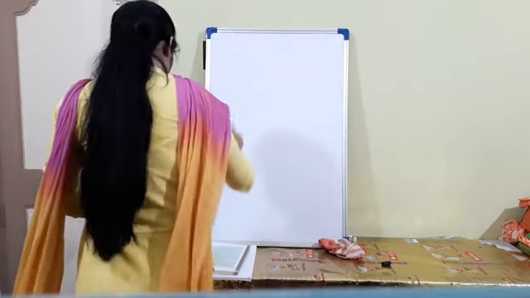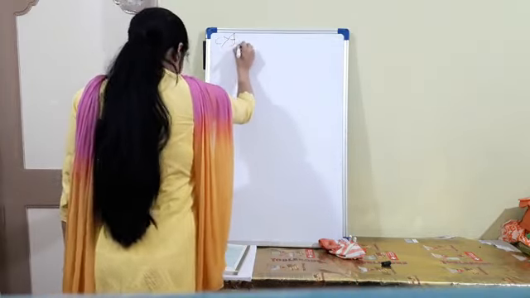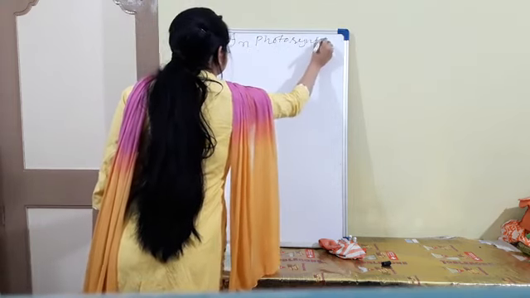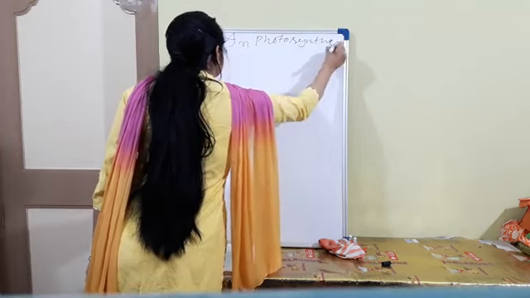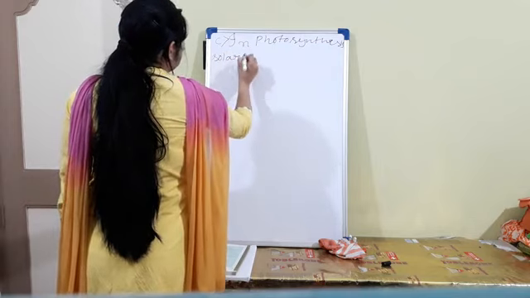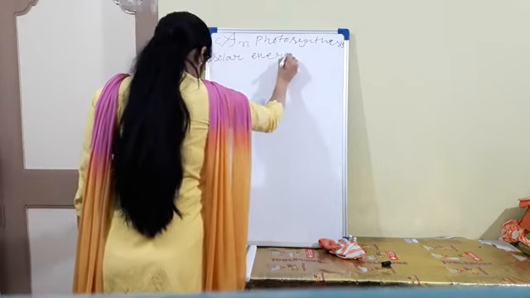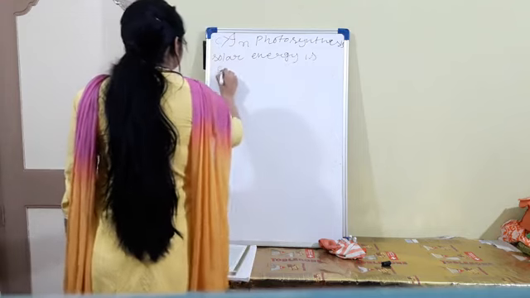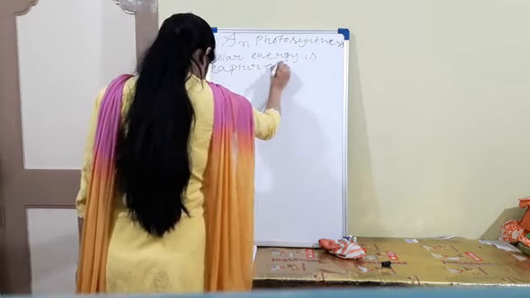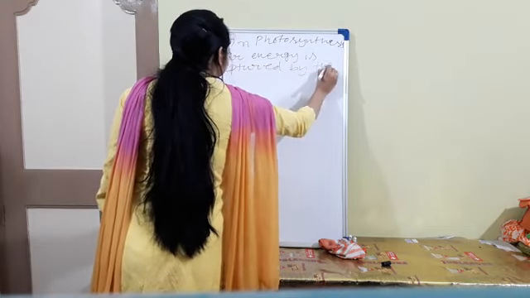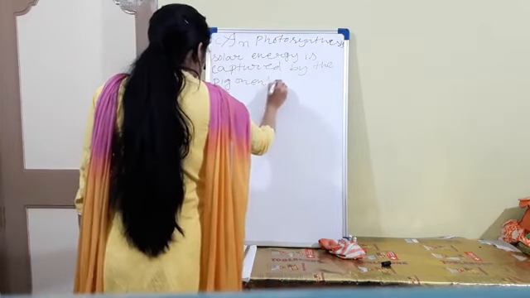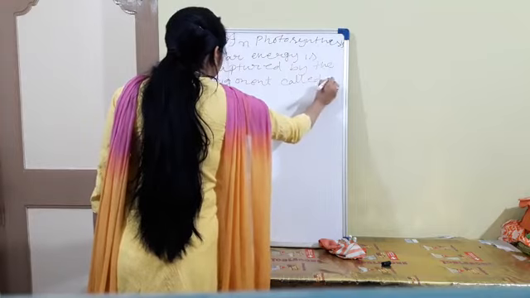And another fill in the blanks. Number C. In photosynthesis, solar energy, that is sunlight, is captured by the pigment called dash.